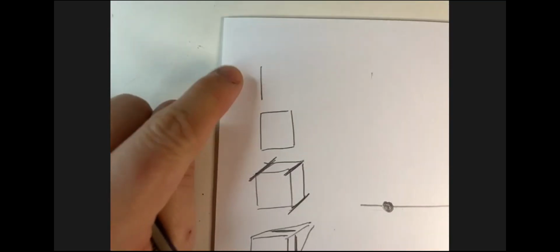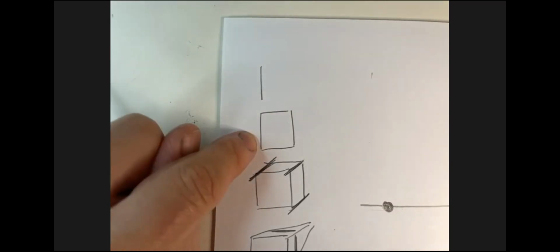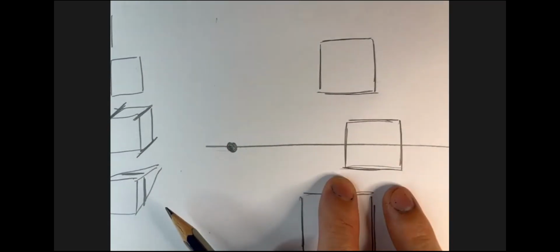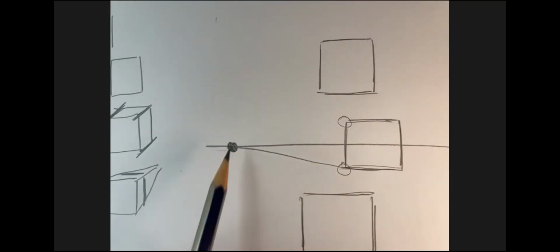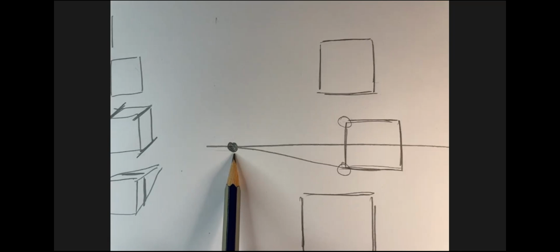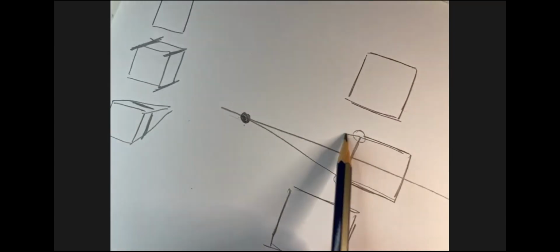So we're going from the simplest way of drawing, lines and shapes, to adding more lines and construction to get 3D kind of shapes. So we'll start with this one first. We're going to draw from this corner and this corner, and we're going to draw a line back to that dot, the vanishing point on our horizon line.